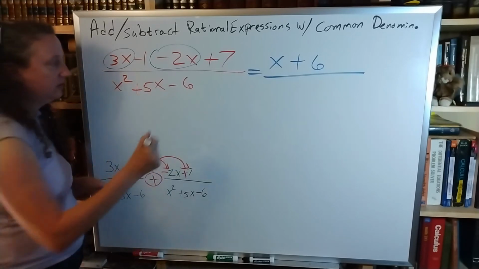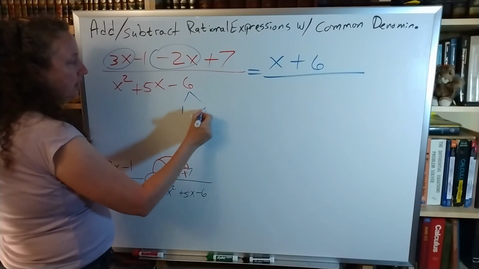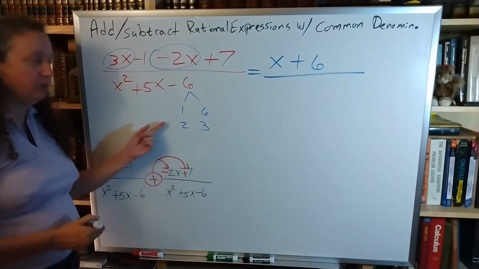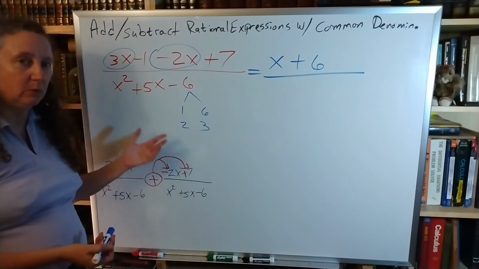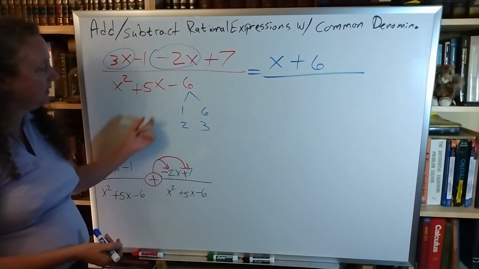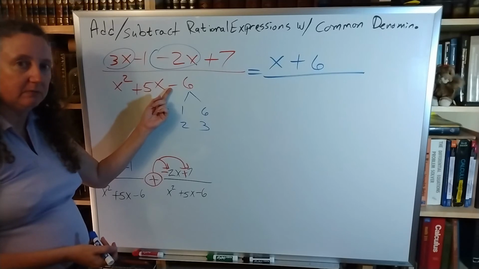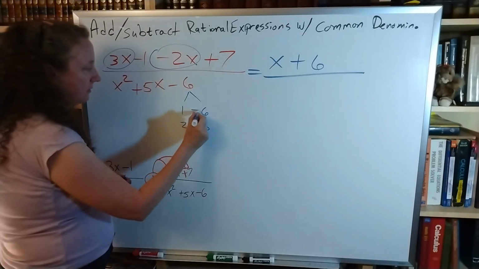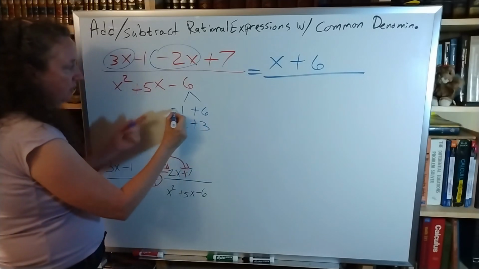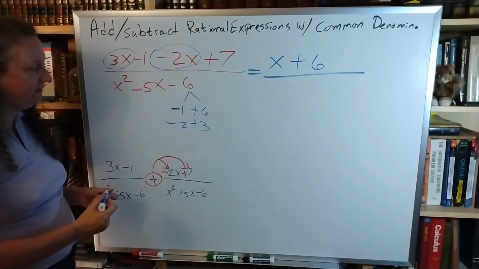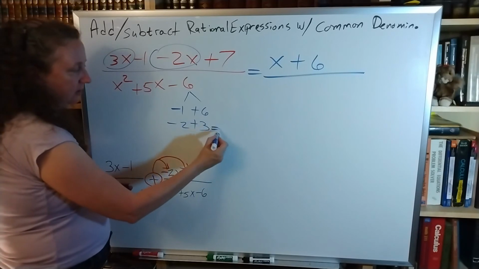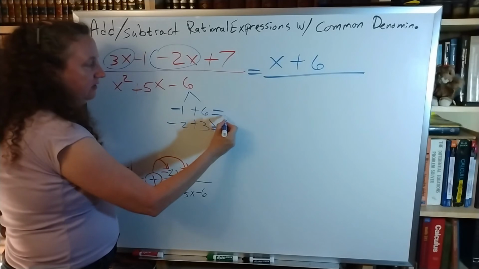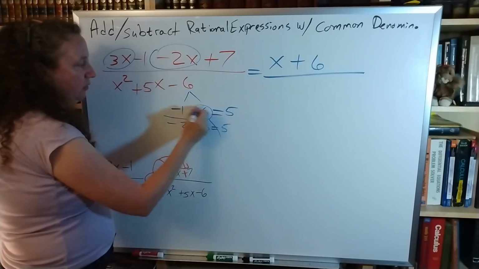So I take the 6, and I say that could be 1 and 6, or it could be 2 and 3. Both of those could give me a 5, but which one is going to be right? My signs are different. My larger number is positive. So since the signs are different, the first number is negative. So negative 2 plus 3 is not equal to 5. Negative 1 plus 6 is equal to 5. So I'm using those two numbers.